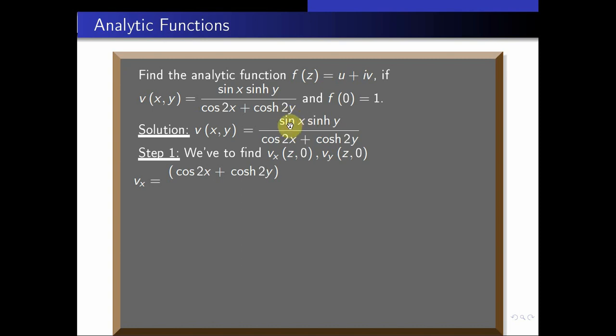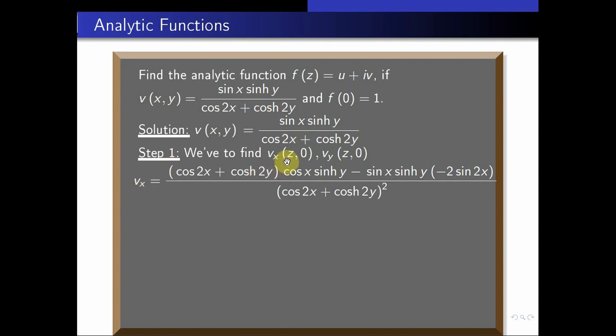Sin x will become cos x and this remains the same. So we will get cos x into sinh y minus u v dash. So sin x sinh y into the differentiation of the denominator partially with respect to x. This term becomes 0 and this will become minus 2 sin 2x. The whole thing divided by v square, so cos 2x plus cosh 2y the whole square.